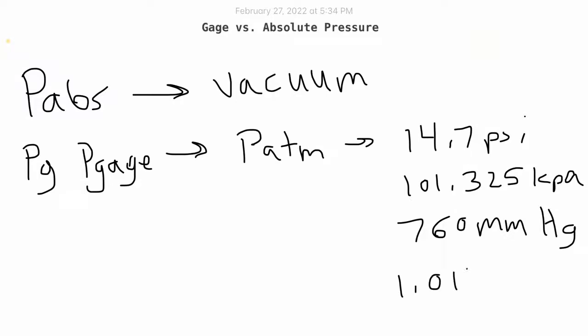And then finally, we've got 1.013 bar. These are some common atmospheric pressure or sea level values. So these are all interchangeable and they're all the same value, just different units.